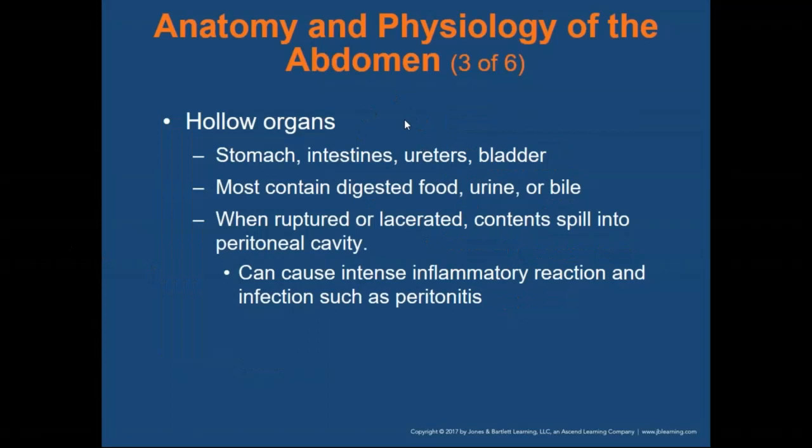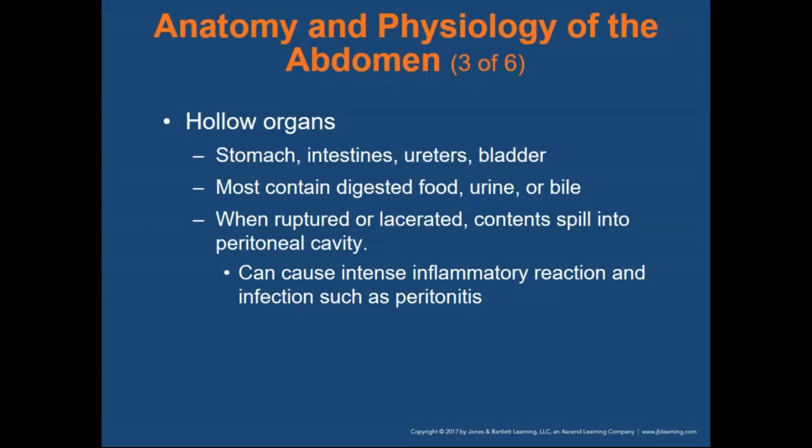Hollow organs. We have solid and hollow organs. Hollow organs, that's stomach, intestines, your ureters, your bladder. Usually those contain digested food, urine, fecal matter, the gallbladder, that would contain bile. If those are ruptured or lacerated, they spill their contents into the peritoneal cavity.